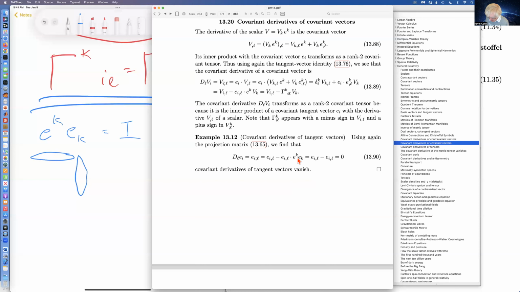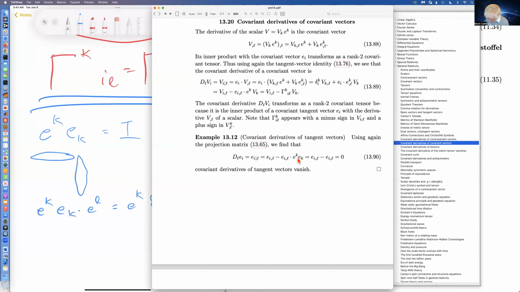Why is this the identity? Well, EK summed, dotted into, say, EL, well, this is going to be EK delta LK, so this is EL. So that's what we expect of an identity matrix.